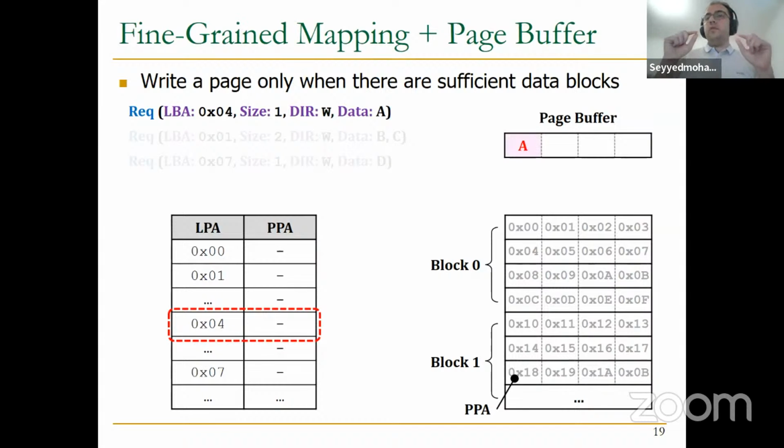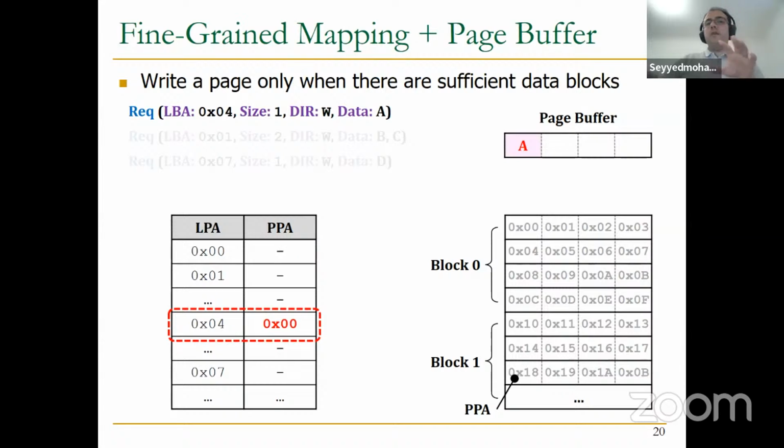So we don't write A immediately to the SSD. We write A in the page buffer, which you can consider as a DRAM buffer that we have in the SSD. We write A in that buffer and update the mapping table.